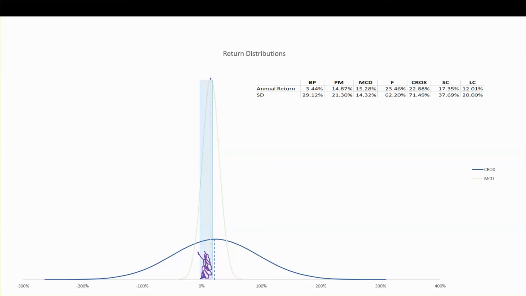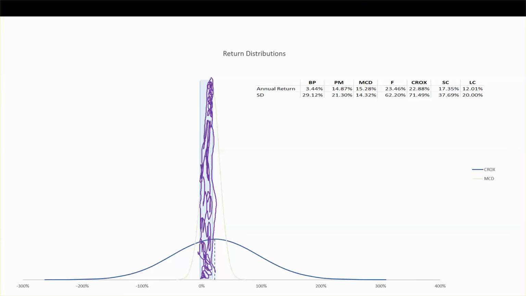And I'm just using the tools of PowerPoint and Excel to draw these lines, so they don't always turn out exactly the way I want. But the portion of the green distribution that falls in this blue shaded area is much greater than the portion of the blue distribution that falls under the blue curve, because McDonald's returns are so much more tightly clustered together.